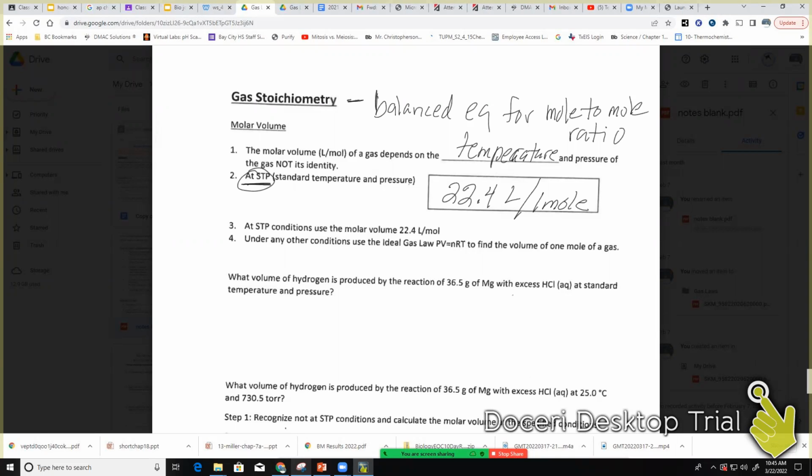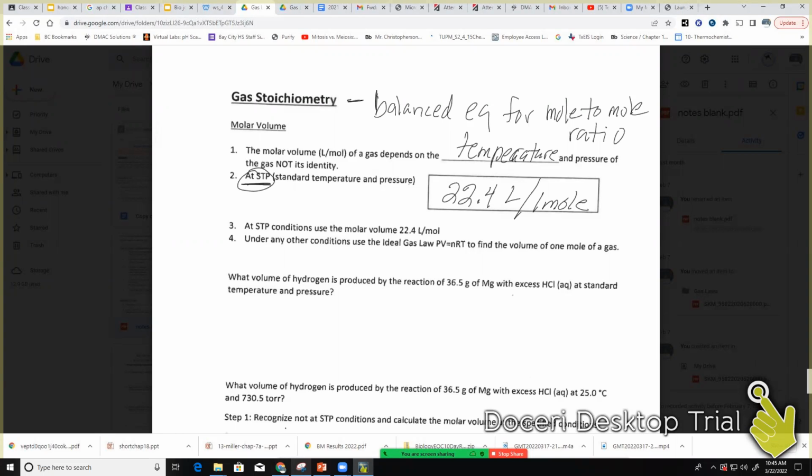Some of y'all have already tried to use it on something, but we haven't actually done it yet. So right in the middle where it says 22.4, that's where I'm getting that from, but it's only true at STP. So think of it as a conversion factor. If you're at STP and you can use this, it makes it a little bit easier. You probably won't even have to use the ideal gas law. So let's look at a few of each.